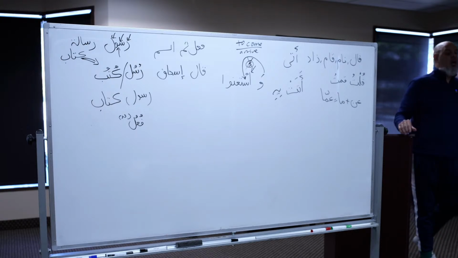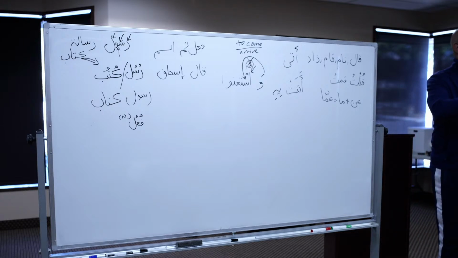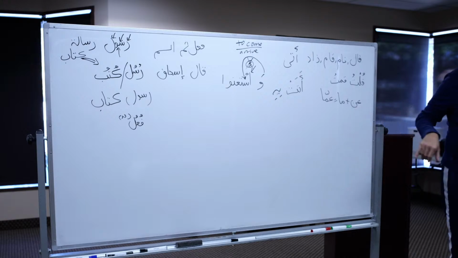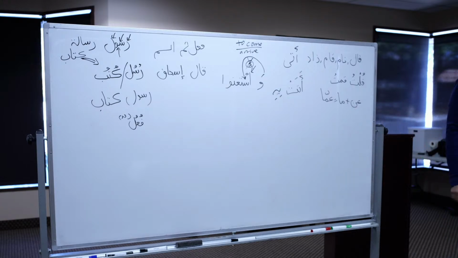So, amma, you will read in the Quran, Subhanallahi wa ta'ala amma yushrikun. An, what's the meaning of an? What does an mean? About, concerning, regarding, on, such and such. So, Subhanallahi, Allah Ta'ala is free and above amma yushrikun, what the mushrikeen, what do they do?